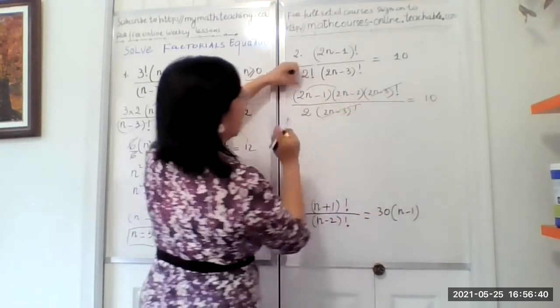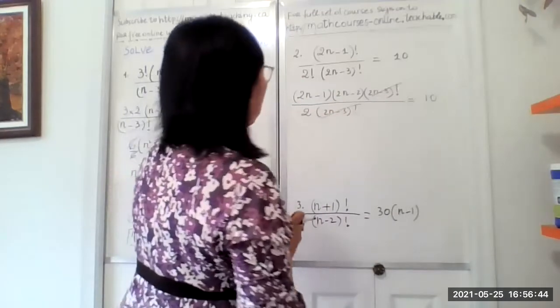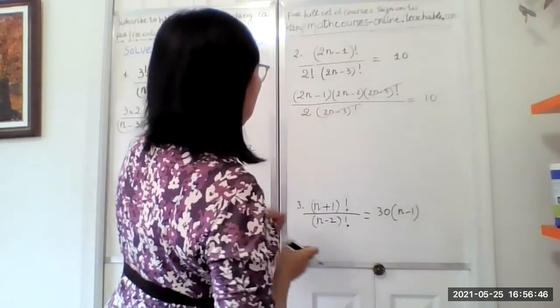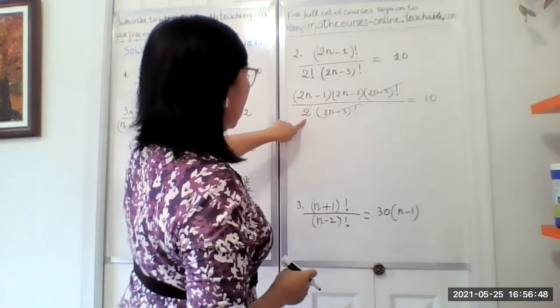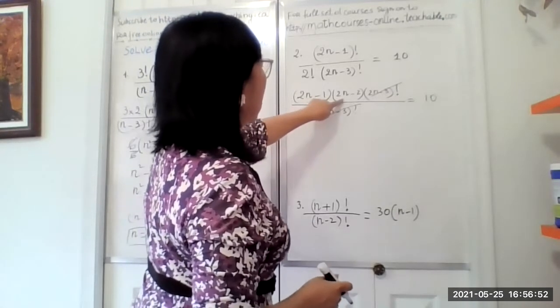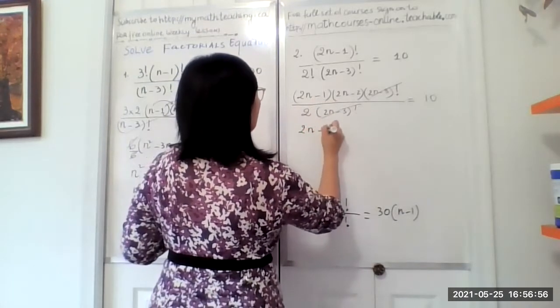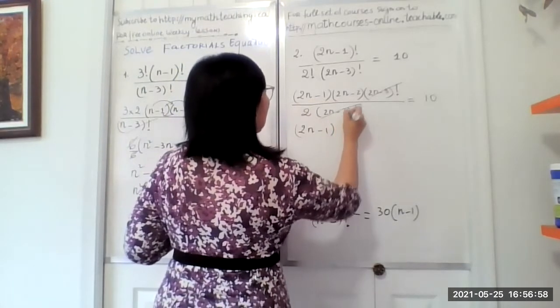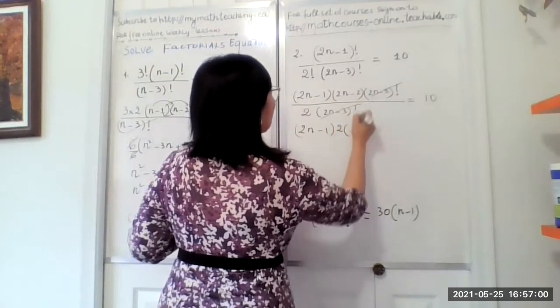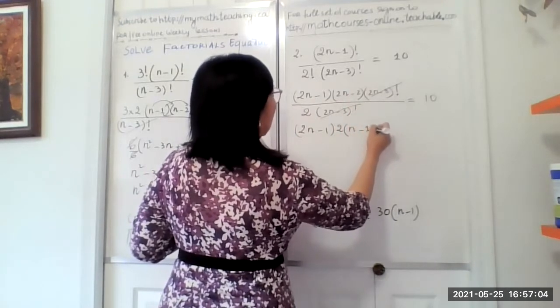So 2n, but let me see, hold on. Let me see which one is the easy way to do it. So let me factor out the 2 here, right? So I will have 2n minus 1 times, when I factor out the 2, this will become n minus 1 as well.